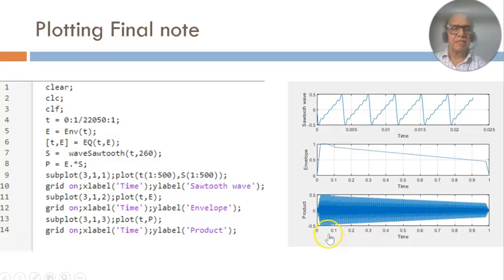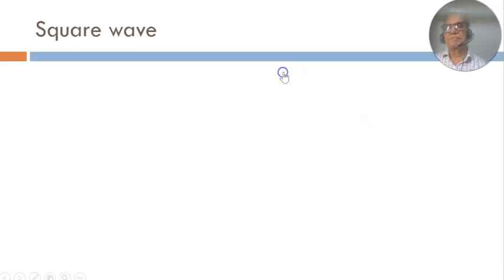Note that in this case the entire time period is used, 1 second. That is why you are not able to see the waveform. So in order to see the waveform, I have deliberately kept a short time here, only 500 samples. That is why you are able to see this. Alright, so that is how the sawtooth wave looks like.